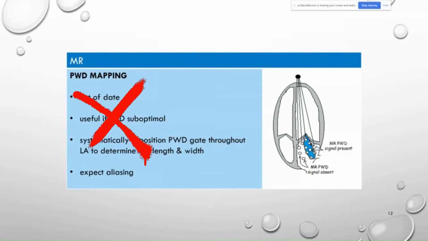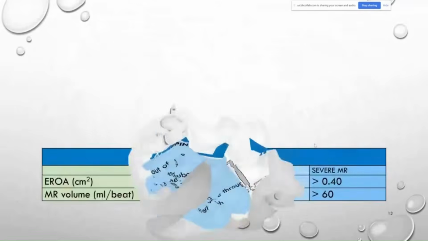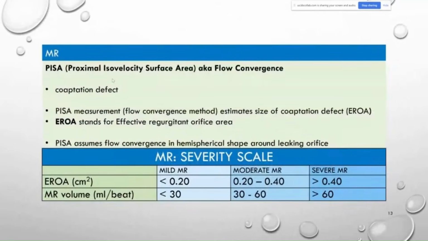Now, if the mitral regurgitation is moderate or worse, we're going to do what is called PISA. And that is the Proximal Isovelocity Surface Area, or flow convergence. And we check it for coaptation defects. And when we measure PISA, we estimate the size of how bad the defect on that mitral valve closure is.